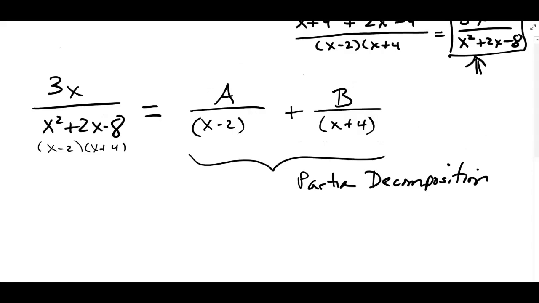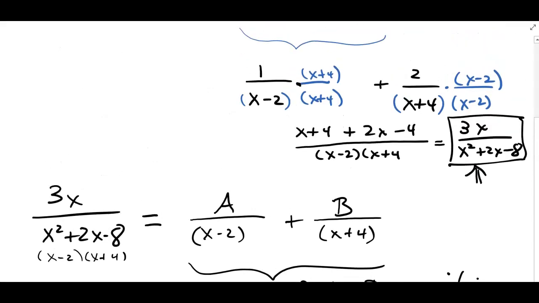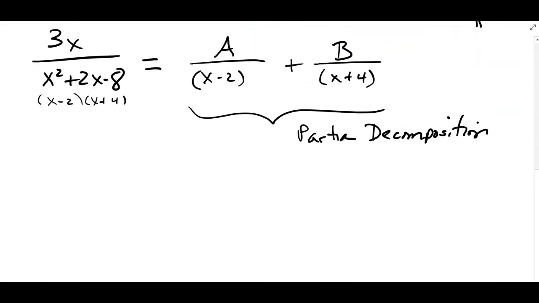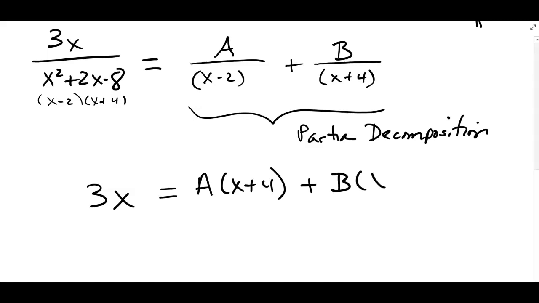And by going through these steps backwards, we know that this 3x has to equal some combination: to get the common denominator, a times x plus 4 plus b times x minus 2.